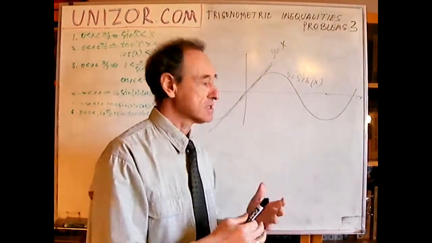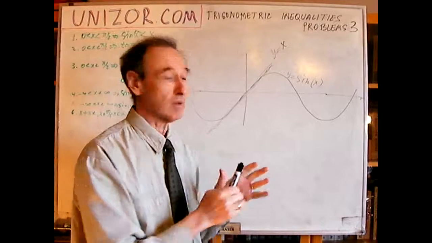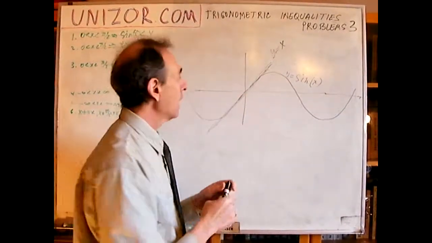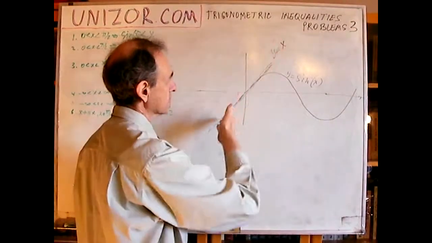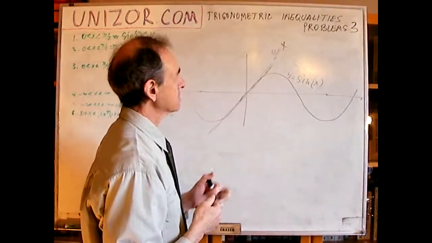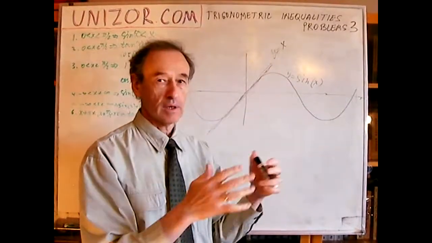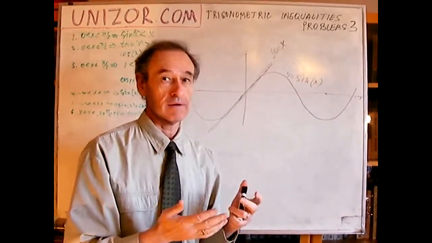So the question is, on this microscopic level, whenever you are very, very close to the point 0, how close are this angle bisector, y is equal to x, and sine?